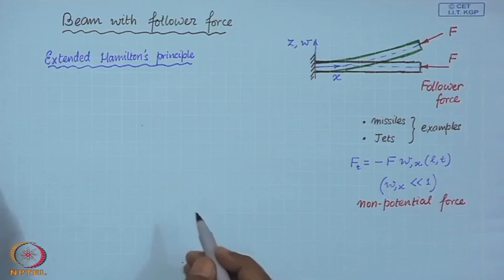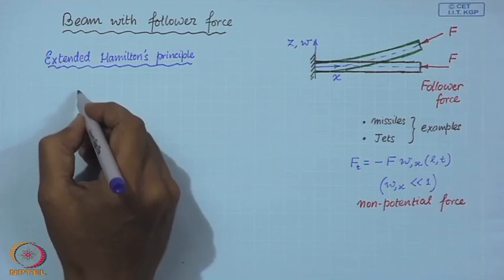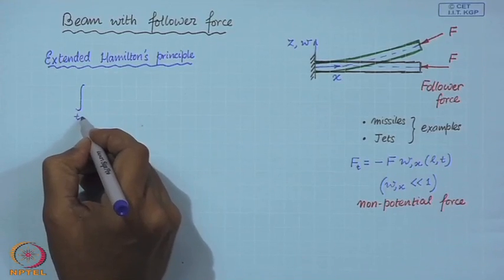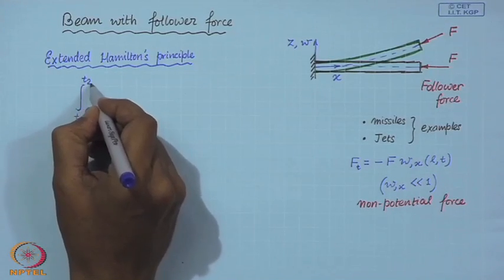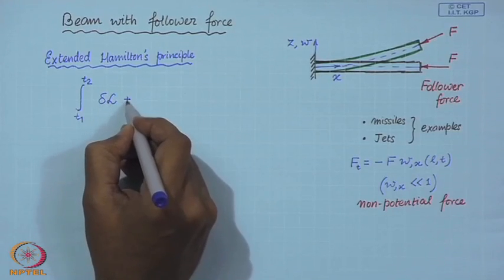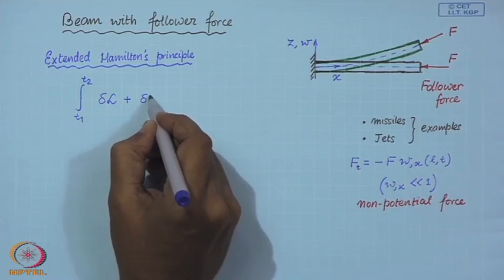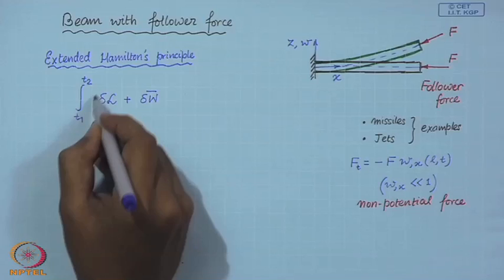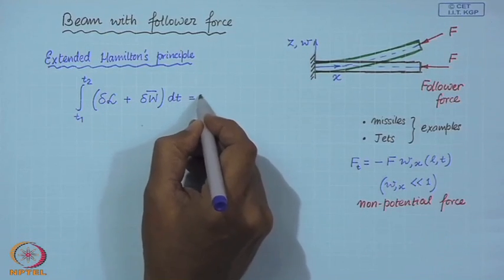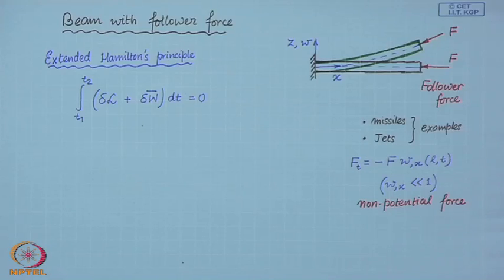In extended Hamilton's principle, what it says is this must be 0.